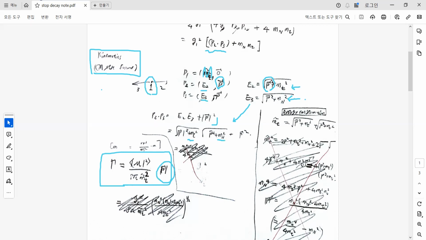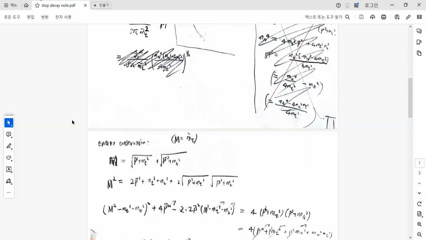By using the energy conservation, this M should be the same as E2 plus E3. So it satisfies these relations, and this is E2 and E3. So by using this, the three-momentum of the daughter particles can be determined by the energy conservation condition.